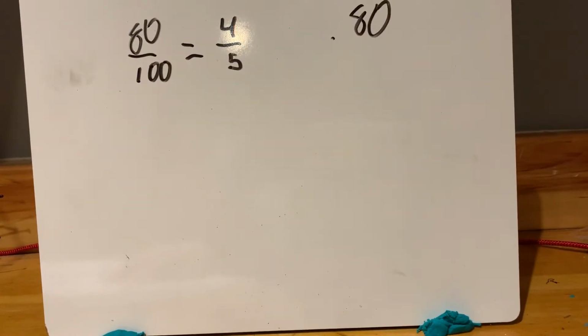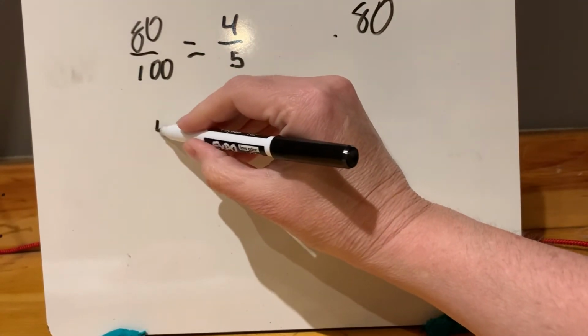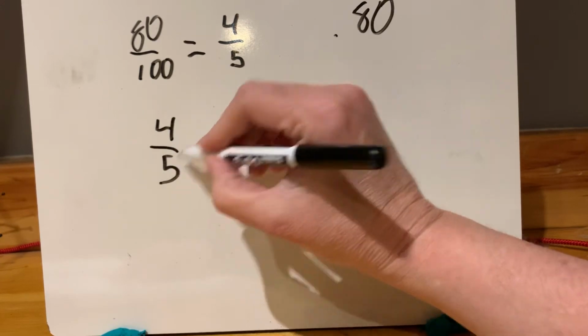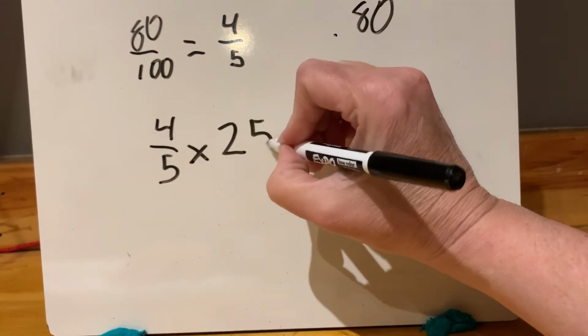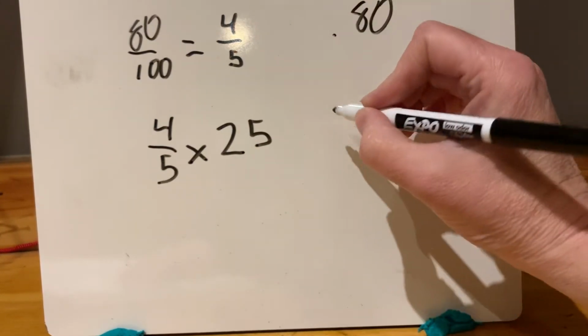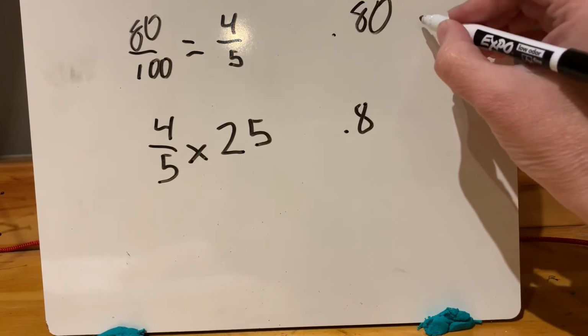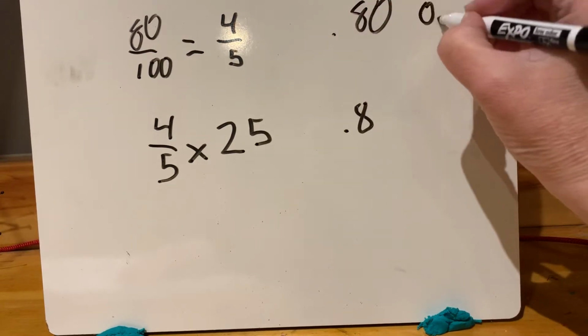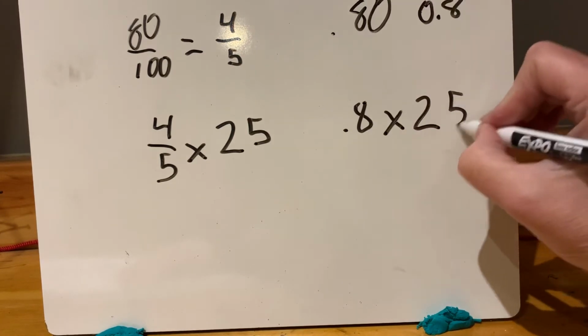Now, if we do this as a fraction, we would say 4/5 of 25, and remember we use a multiplication sign for of. Or we could do 0.8, because this is also the same as 0.8 of 25.